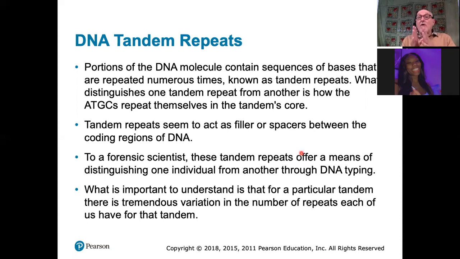We can then go and look at the whole population and say, how many people in the population also have 5 and 20? And we can say, okay, it's like 5% of the population. Well, that doesn't give you individual identification, does it? No, it doesn't. That gives you class identification.